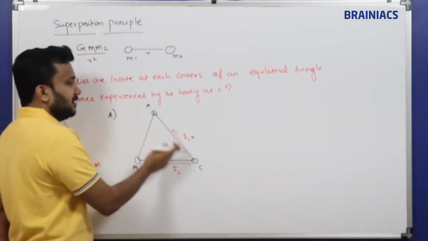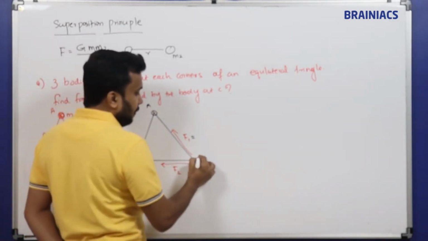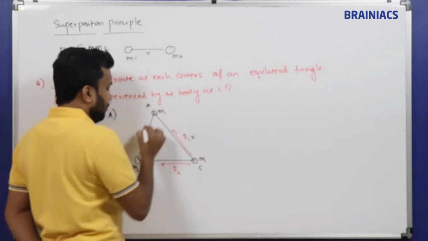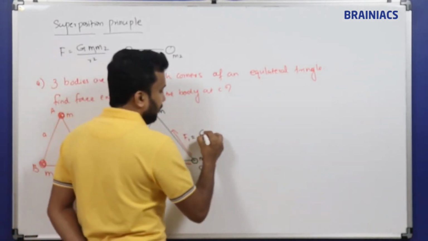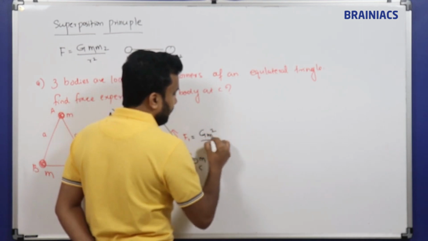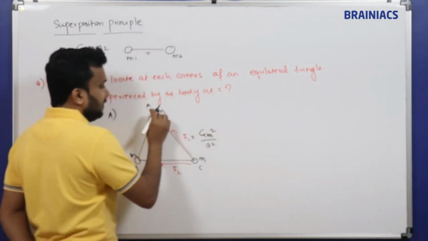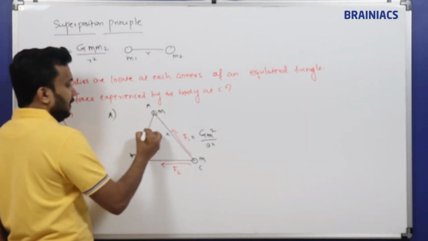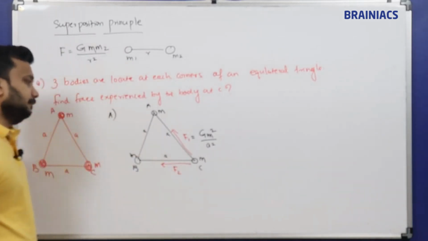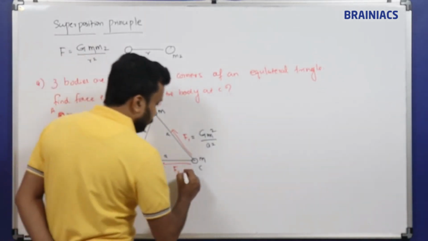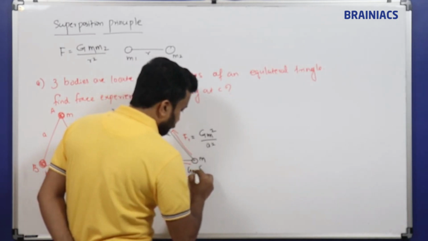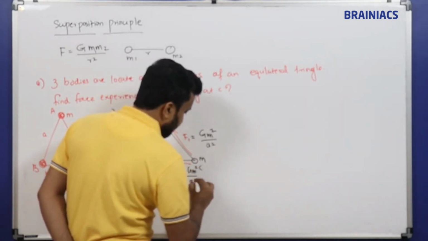The masses m1 and m2 are the same, all bodies having the same mass m. So the formula is G m square by a square, where a is the distance between them in the equilateral triangle. What is the value of F2? F2 is also equal to G m square by a square.